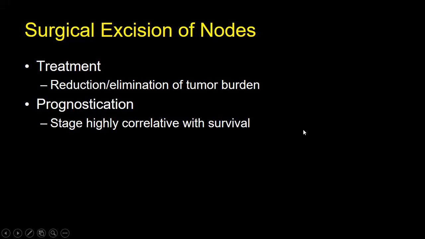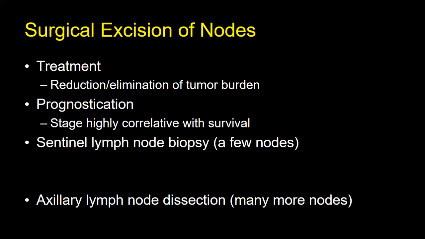That is surgical staging. Now, there are different ways to excise nodes, and the 2 most common ways are the sentinel lymph node biopsy, which is just a few nodes for the smaller cancers, earlier stage disease, and then you have your axillary lymph node dissection, which is many more nodes. So I think that we're likely familiar with these 2 techniques, most of us.